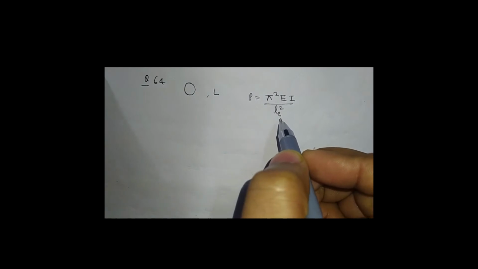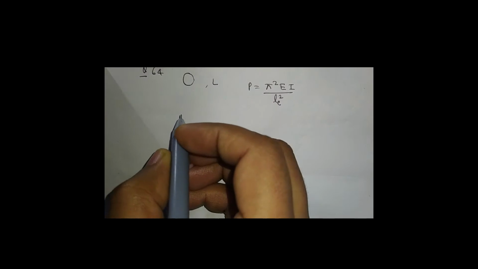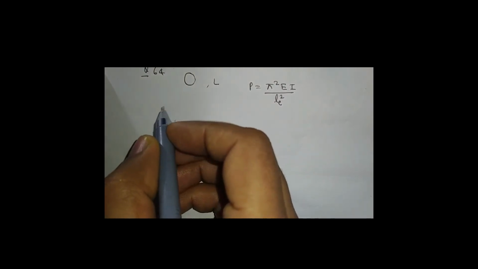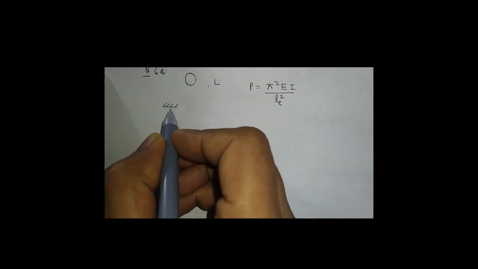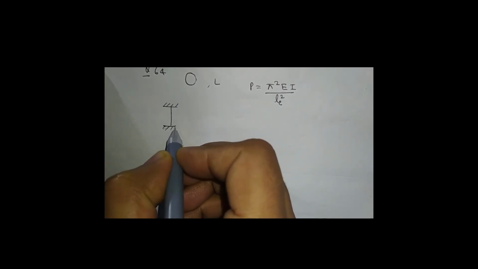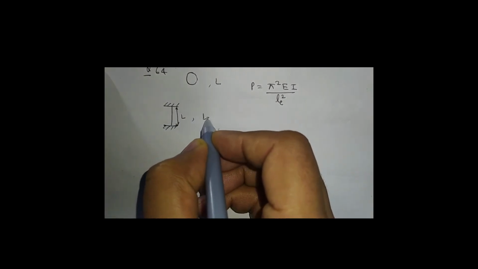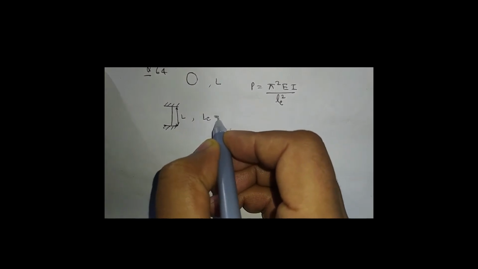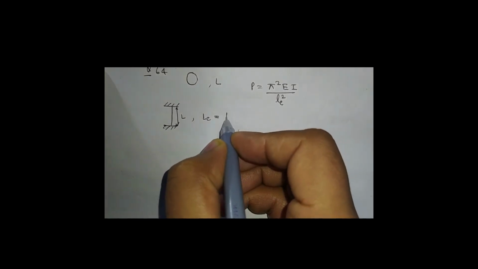L is the effective length of that column. So for the different boundary conditions, for example, if the column is fixed and fixed ended, if this is the length L, then the effective length is L by 2.